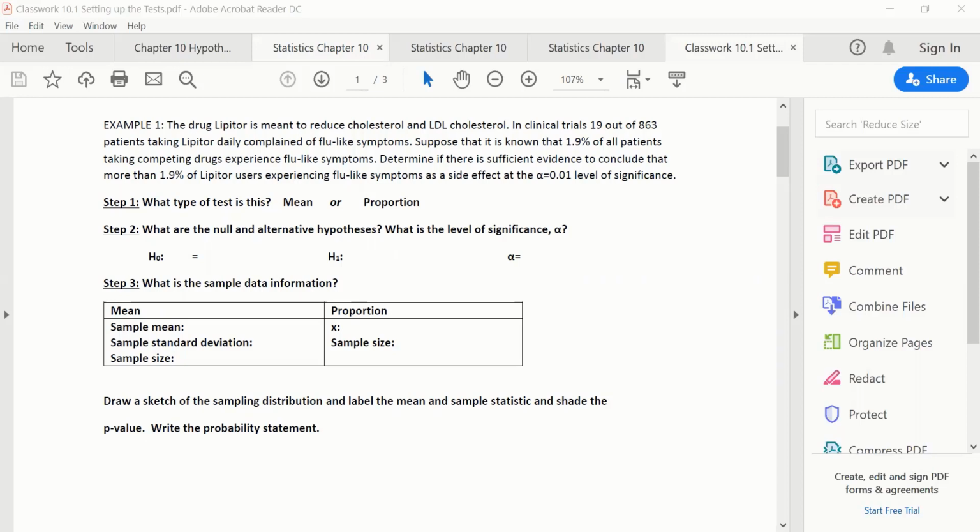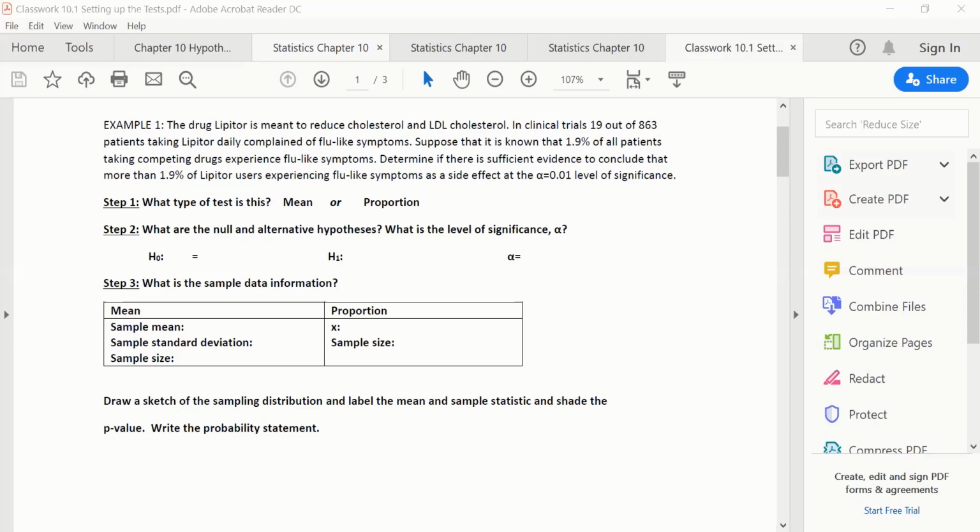So example 1, the drug Lipitor is meant to reduce cholesterol and LDL cholesterol. In clinical trials, 19 out of 863 patients taking Lipitor daily complained of flu-like symptoms.